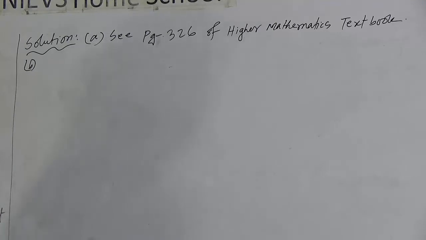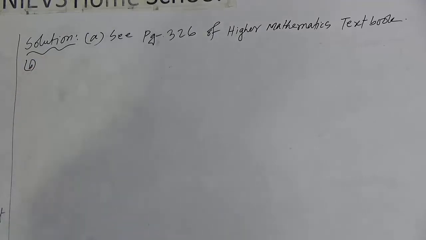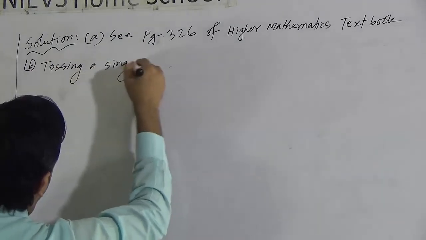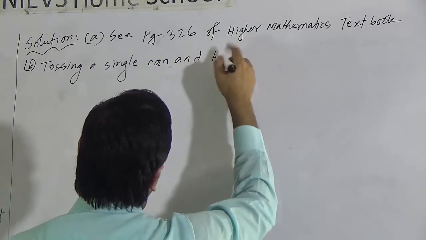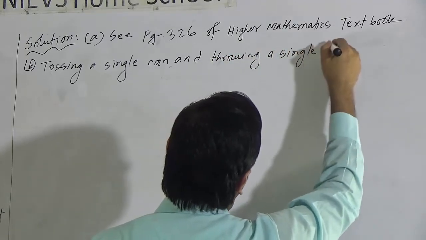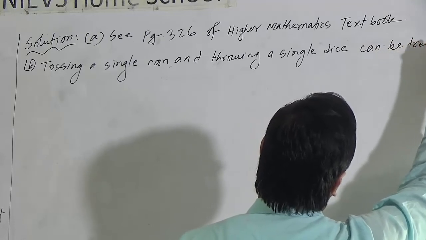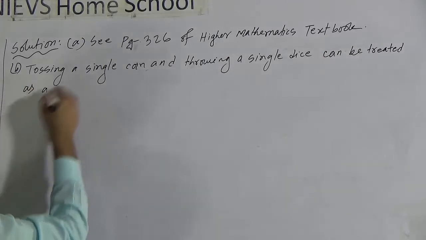So at first we have to write, tossing a single coin and throwing a single dice can be treated as a two-step process.